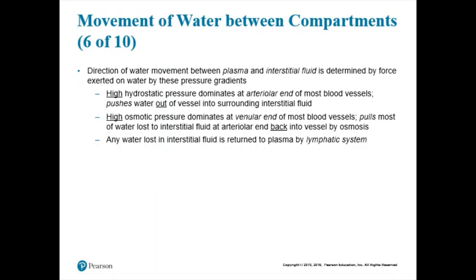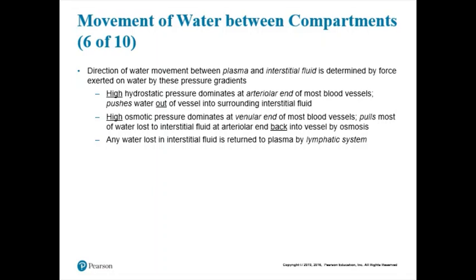You know, to get water out of a blood vessel, like an arterial artery or capillary, you need hydrostatic pressure to push it out. So high hydrostatic pressures are what dominates in those arterial blood vessels. Think arteries, arterioles, and capillaries. They all will have high hydrostatic pressures to help push that water out.